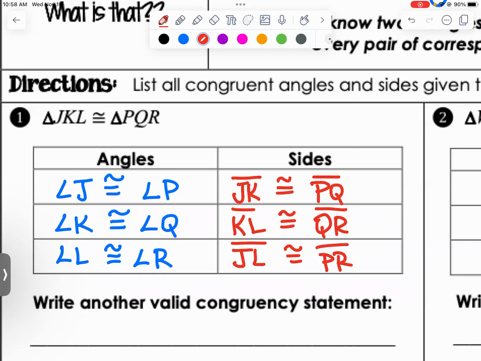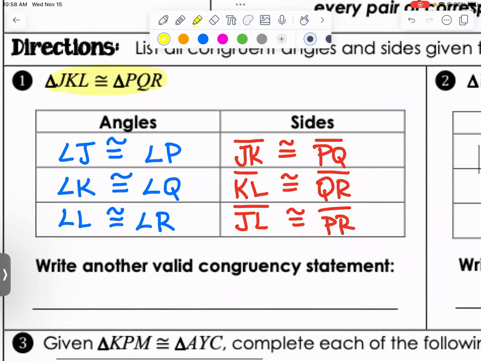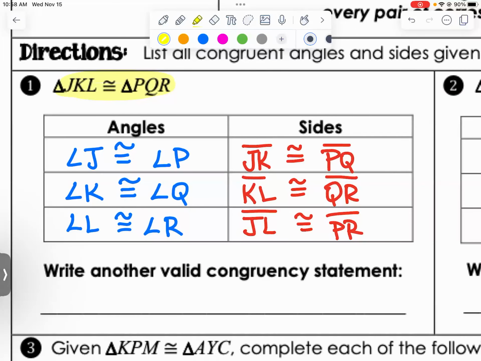Okay, good. Now, there is more than one way to write this congruency statement up here, okay? We have written that triangle JKL is congruent to triangle PQR, and it makes us happy because they're in alphabetical order, right?